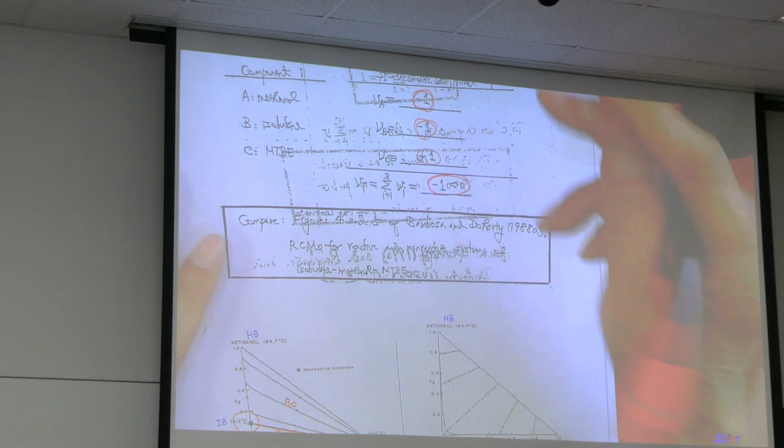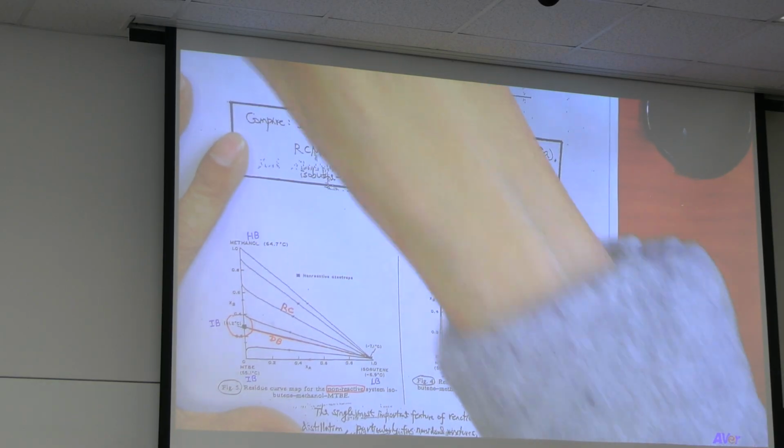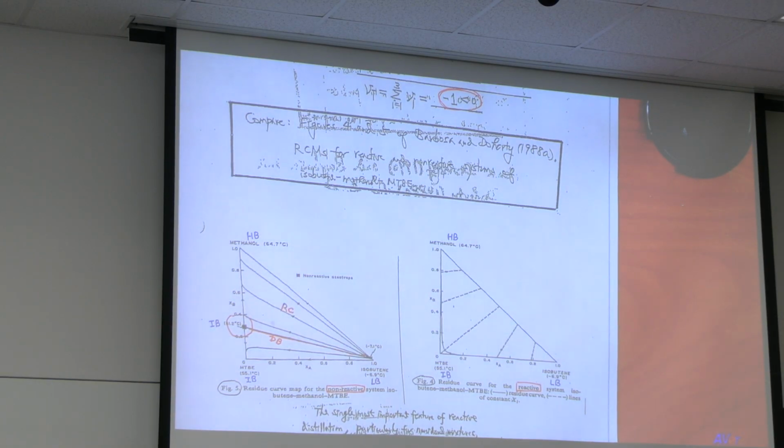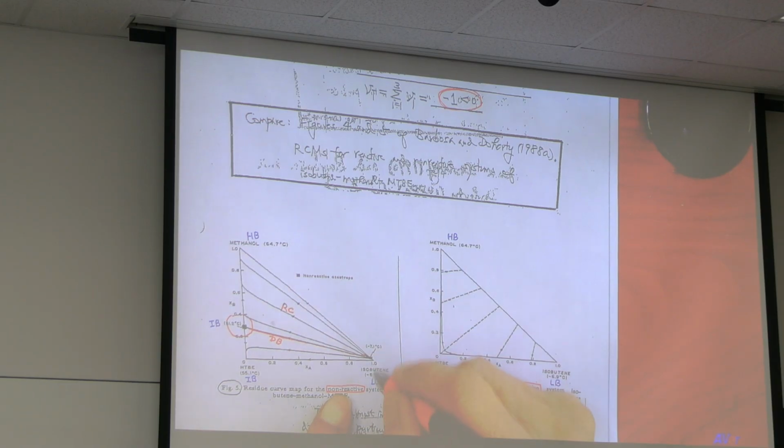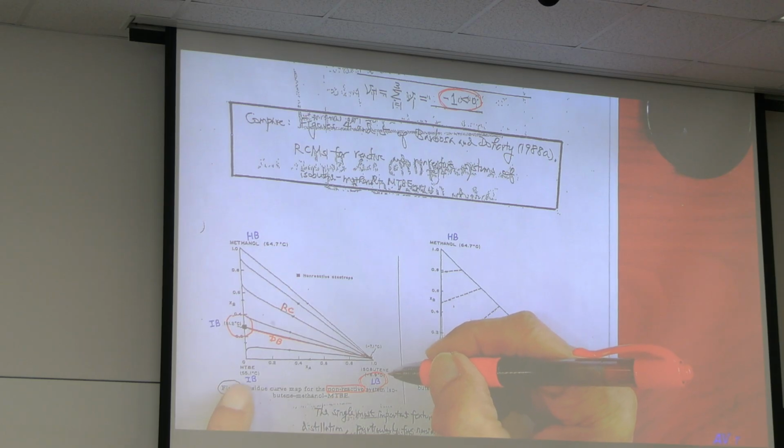First, what happens when you have a reaction, how does it affect the residue curve map? On the left, non-reactive system, isobutene minus 6.9, low boiling species.